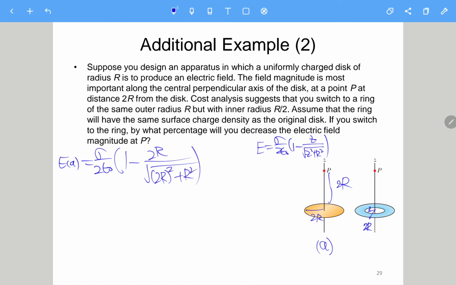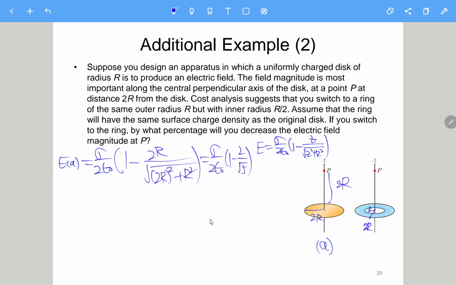So r and r can be cancelled, so it turns out to be sigma over 2 epsilon naught times 1 minus 2 over square root of 5, because we have 2 squared, which is 4, plus 1, so square root of 5, and then 2 here.